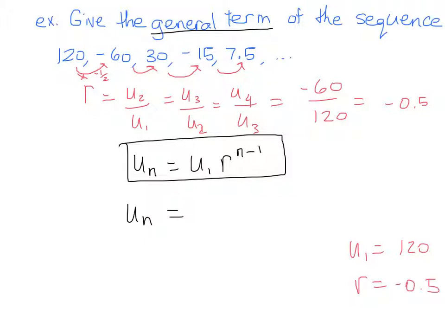So now we can plug in our u1 as 120 and our negative 0.5 as r, and n minus 1 stays n minus 1 because it is general. And is this where it stops? Can we then multiply this by this? Absolutely not. We cannot multiply these two things because negative 0.5 is the only thing being raised to this power. So here is our final answer.